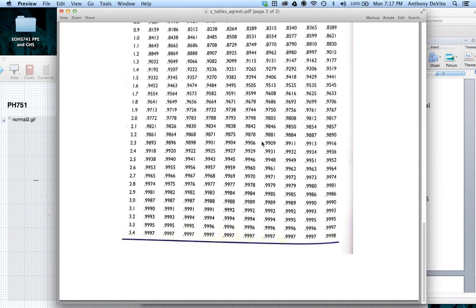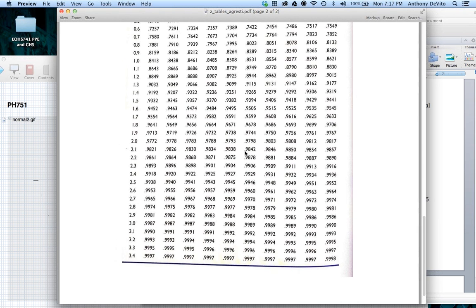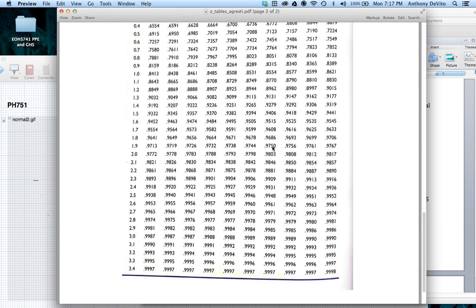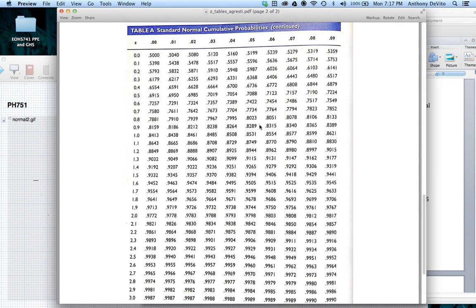Where would that be? Let's see, 97.5. Here we go right here. And what is that value? What's the z-score for the value where only 2.5% is above that point? It's 1.96. That shouldn't be a surprise, right?